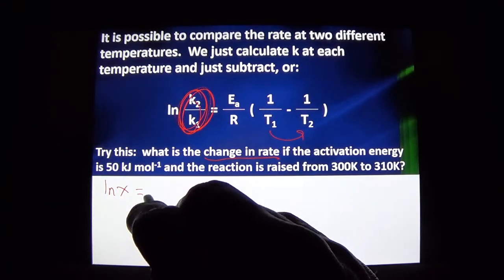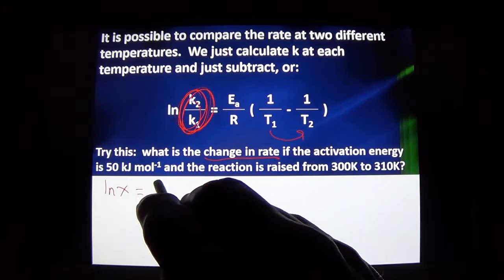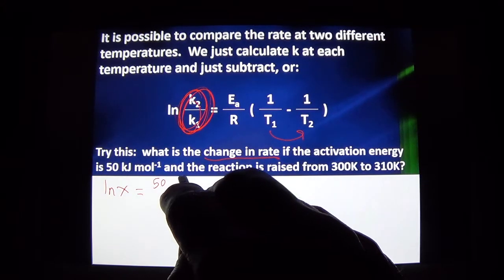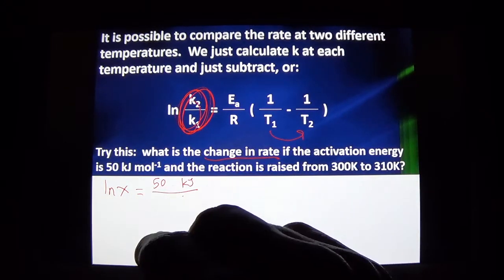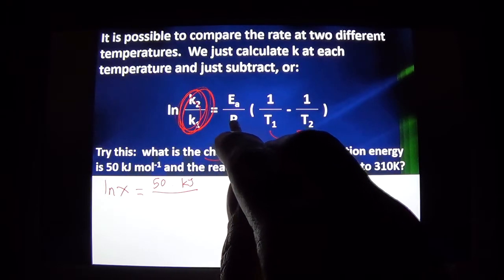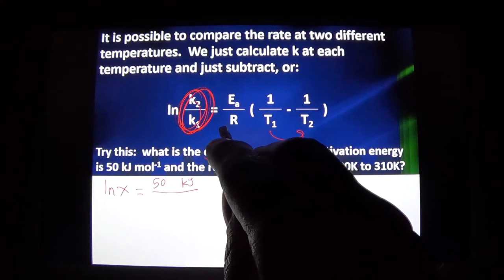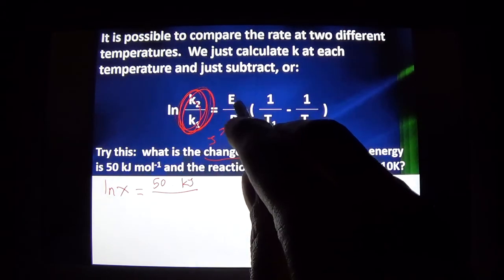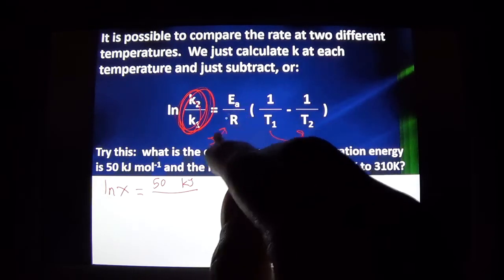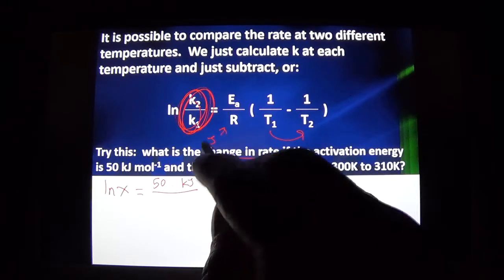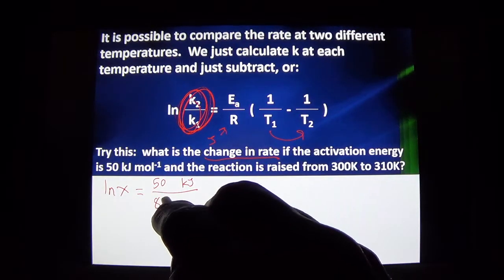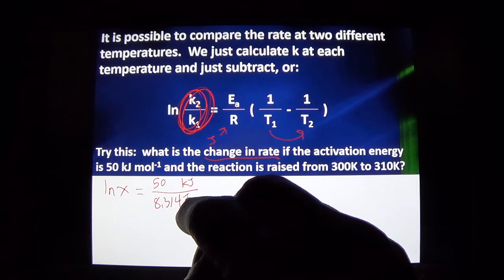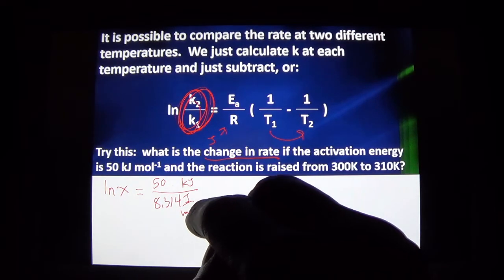So now we're going to take the activation energy, 50 kilojoules, and we're going to divide by R. Now, which R do I need? Not the Pirates R, obviously. I need the R involving joules because I'm talking energy, and check out how energy is in kilojoules. So that should clue me in. Find the joules per mole per Kelvin.